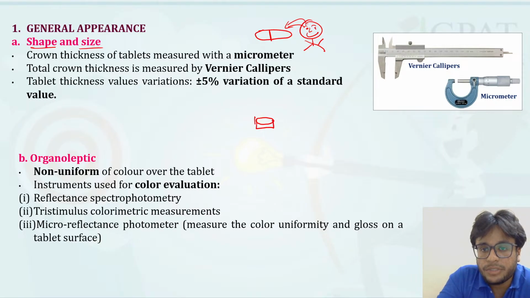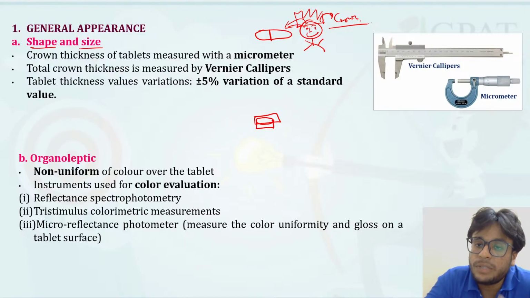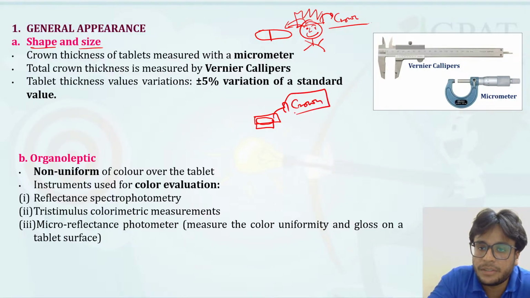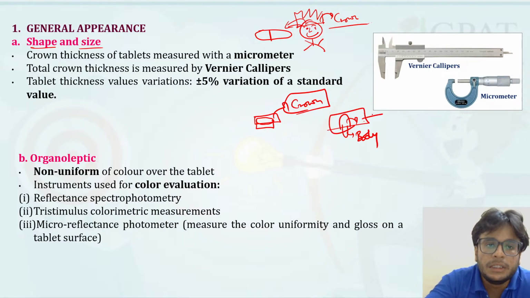If the upper portion, as in the case of a king, is mainly a crown, the same for the tablet, the upper portion of the tablet is the crown. But if we are discussing the capsule, the lower portion is the body and the upper portion is the head.